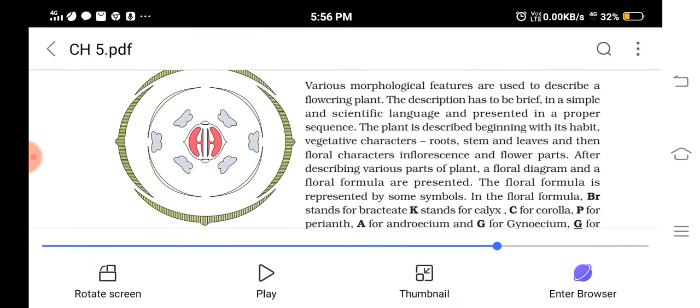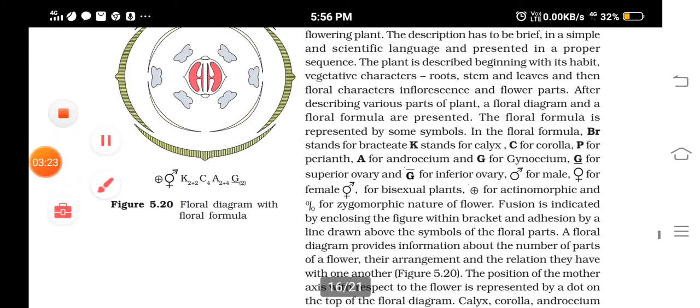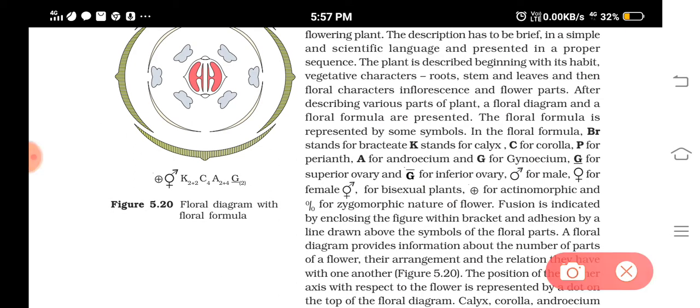And if there is a line above the G, then it represents that the ovary is inferior. You can see the male and the female flower symbols, and if this combined sign is used, it shows that it is a bisexual flower.